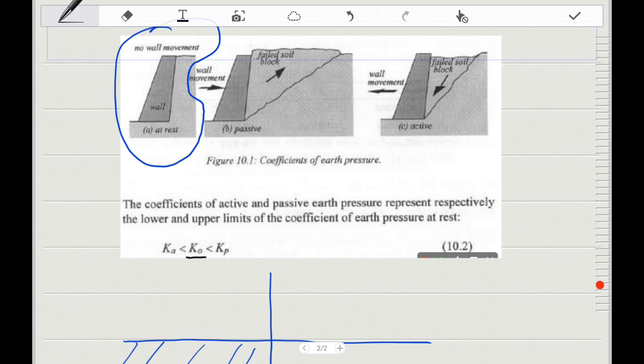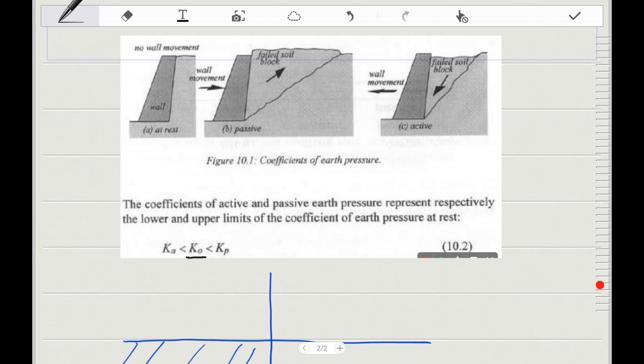Right. So let's move on. Let me rub this out. Passive is the next one, and it basically means that if this system were to fail, it would fail by the wall moving towards the soil, and the soil failing in that direction as shown. Now you might think to yourself, why does the soil fail that way?